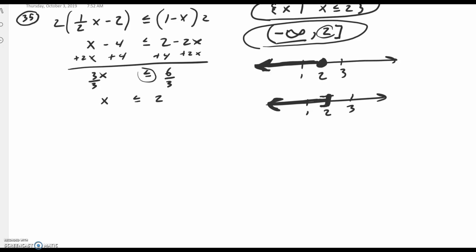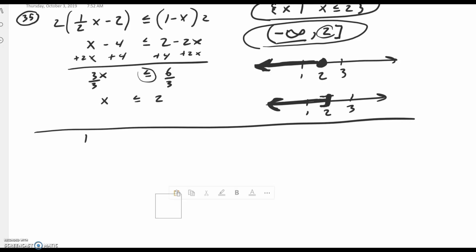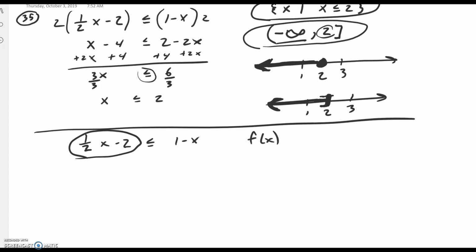So I'd like to take this problem now and do it in a different way, kind of like the problems 25 through 28. So we're going to go back to the 1/2 x minus 2 is less than or equal to 1 minus x. And our plan is going to be here to make this be a function. I'll call it f. And it's the function 1/2 x minus 2.